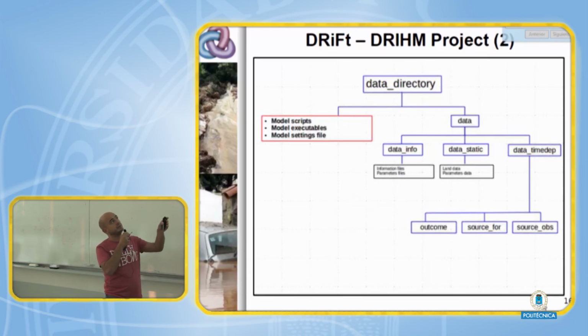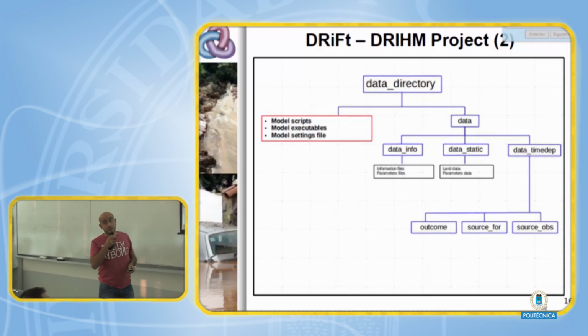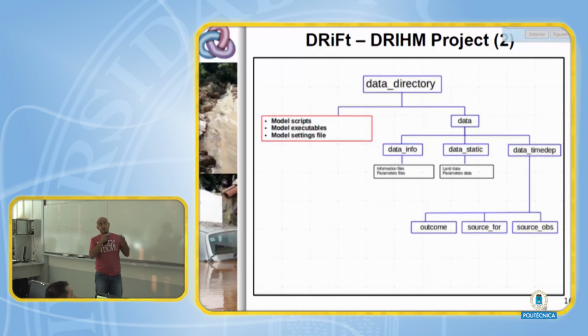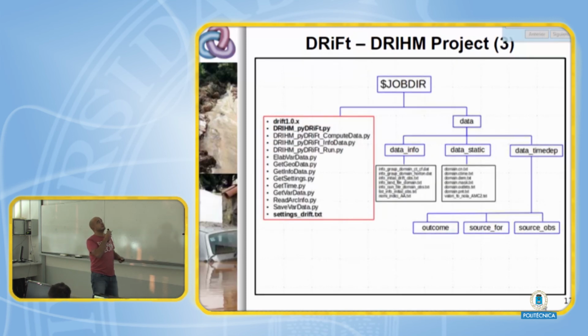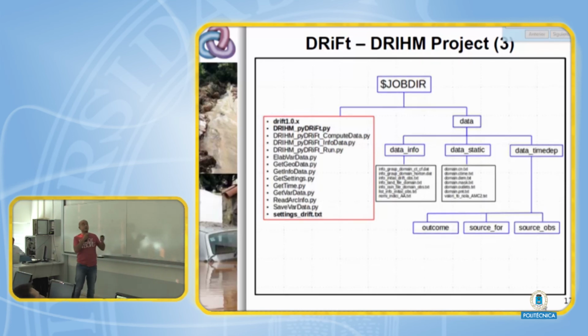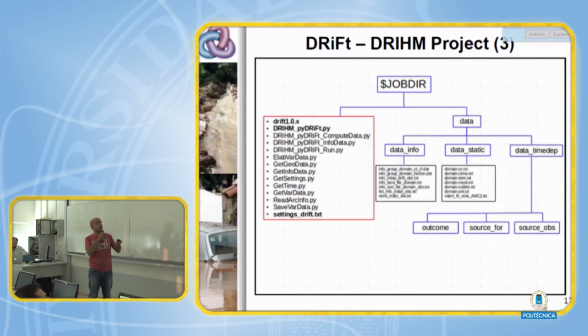For the dynamic data we have another directory where we have to put the forecast data and the observed data, and at the end the portal will store the results data in the outcome folder. Essentially, you have to create this structure, and we have to upload in the portal the static files for the drift model in this way.